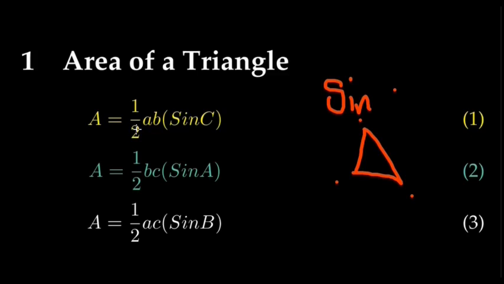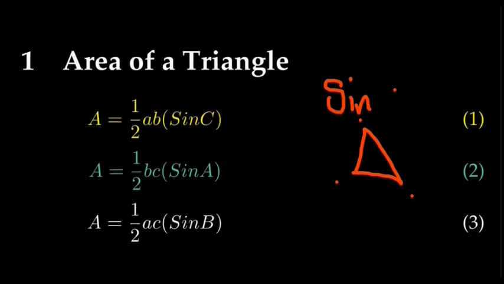The formula for finding the area of a triangle is: area is equal to half times two sides, either side A and side B, multiplied together, then multiplied by the sine of the angle they are making. You multiply the two sides that are making an angle times the sine of that angle.